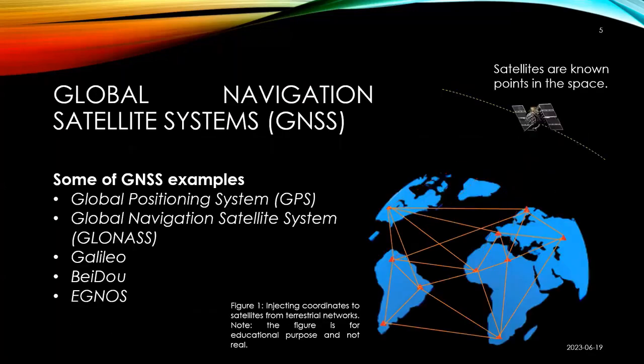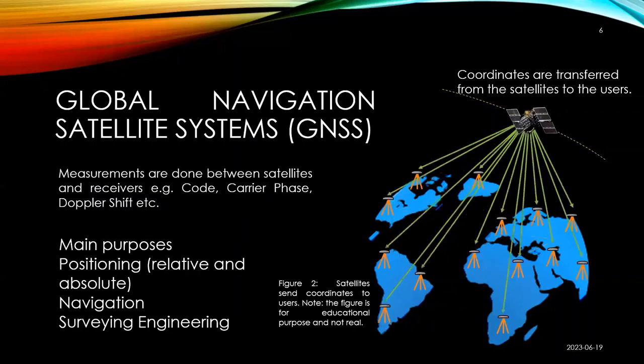In the GNSS system, we have some points on the ground, as you see in the figure, and the coordinates of these points have already been determined precisely. But how? The other techniques that I will discuss later. From these points, the coordinates are injected into the satellites, and the satellites return the coordinates down to the users.